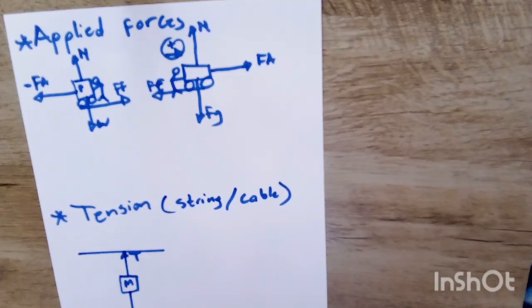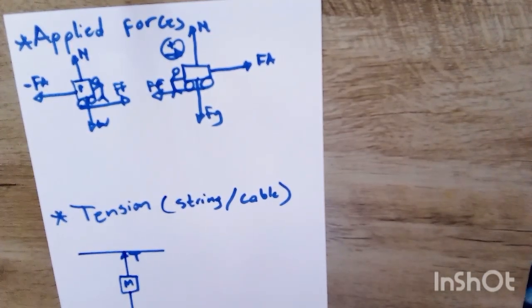Now, a tension, it's a rope, but the tension complies actually with Newton's third law. I'll be explaining it at a later stage. Newton's third law is another application law.